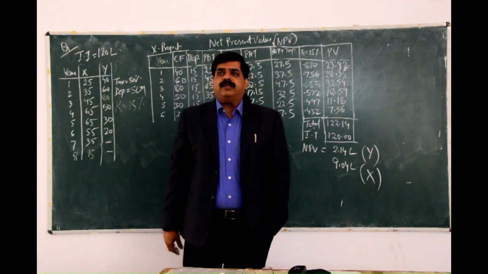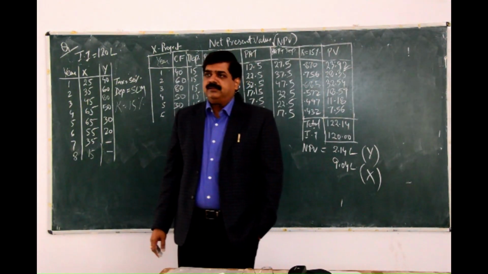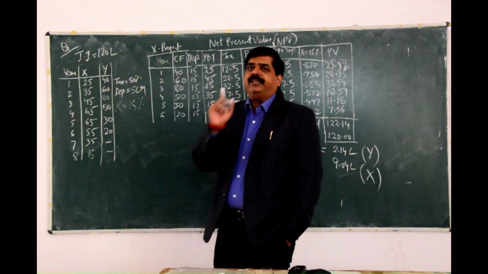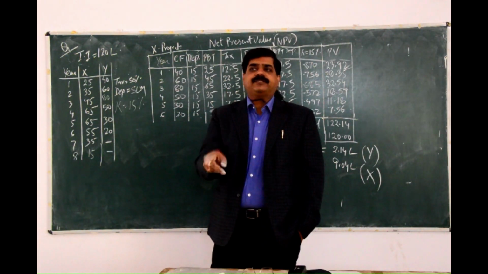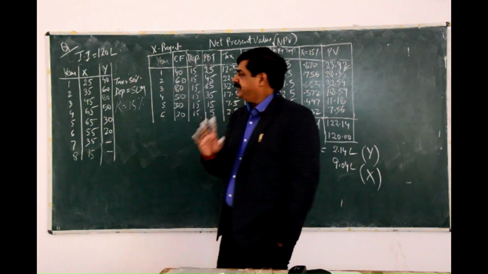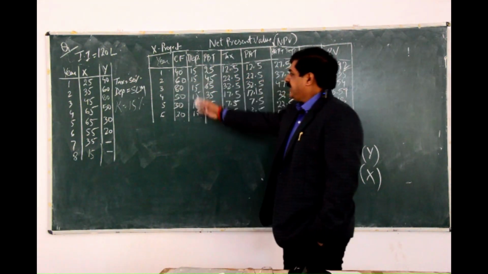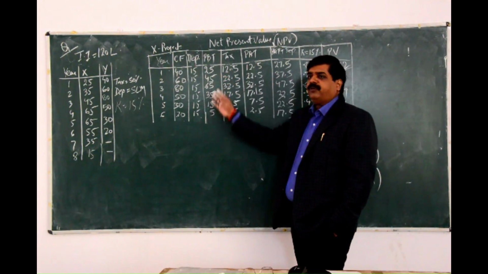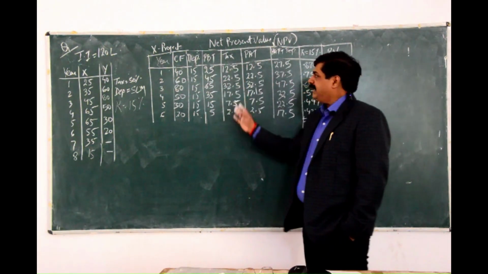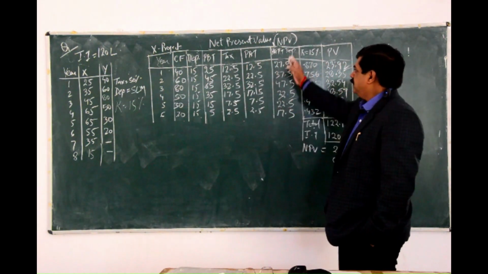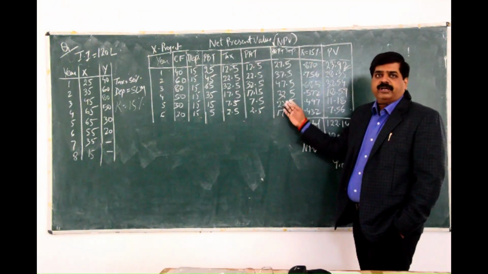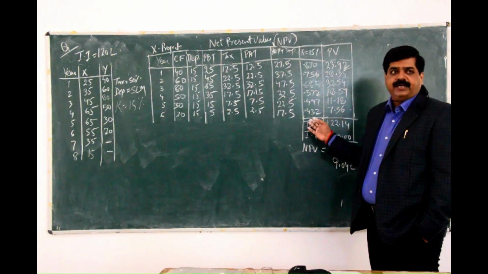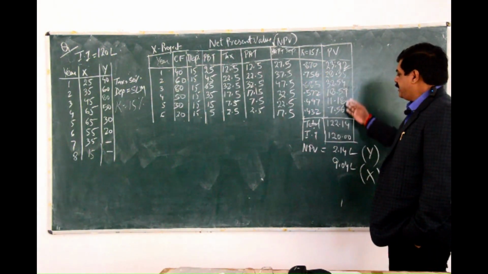Now we have calculated for project Y. One thing you have to keep in mind is that Y has 6 years. The initial investment is the same, that is 1,20,000 only. So these are the cash flows. Depreciation remains the same. Profit before tax, profit after tax, PAT plus non-cash expenditure. 15% is the discount rate, and we get the present values.